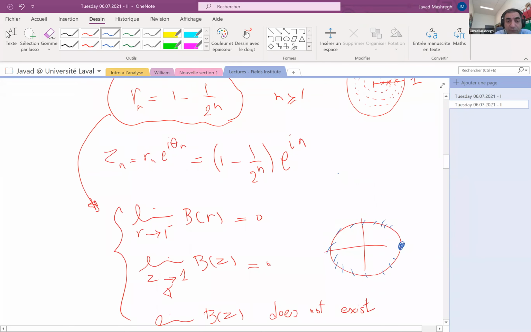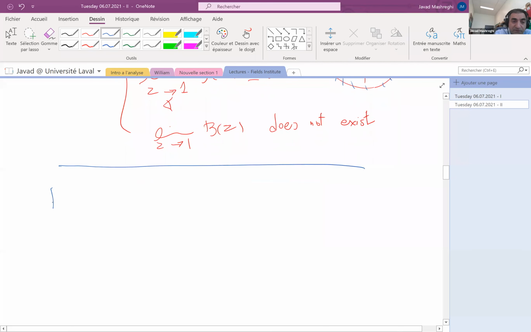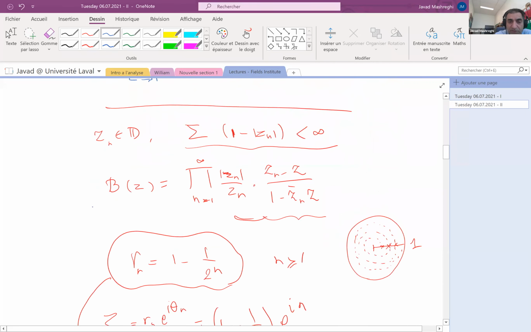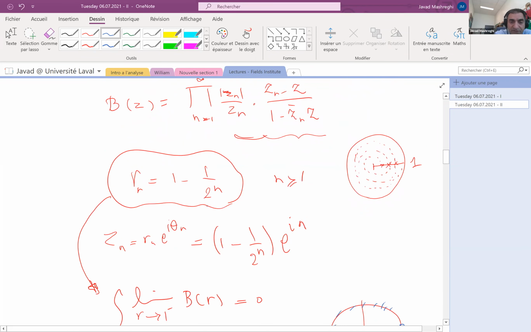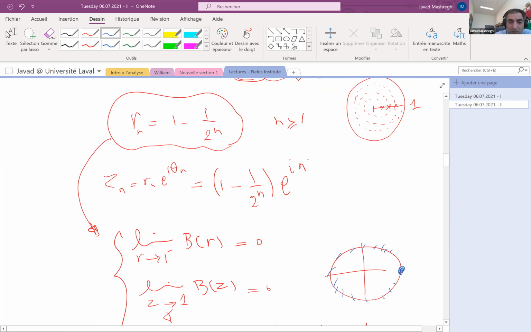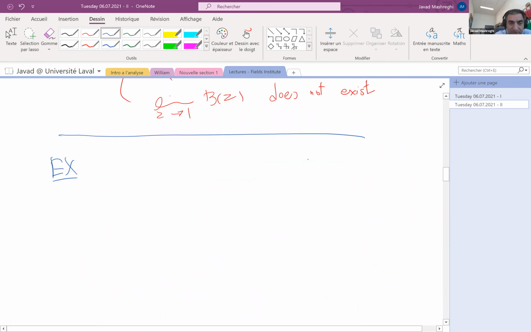Modification that we can do for this function, it is not difficult to show that for any of this Blaschke product, it doesn't matter either this one or with an argument, if Zn goes to 1, or even more general than that, if you define f of z equal to a multiplier, and this multiplier here is z minus 1 times B of z, then lim z goes to 1, f of z is equal to 0.